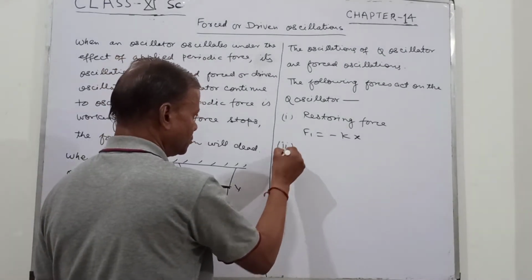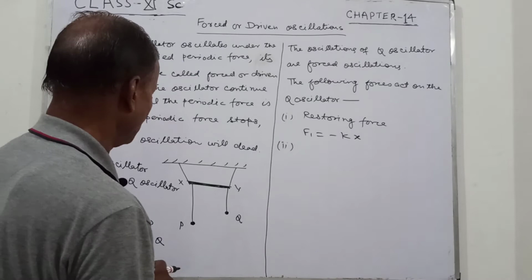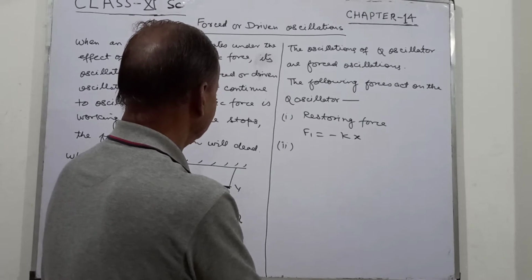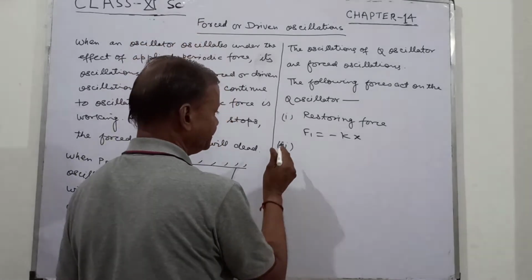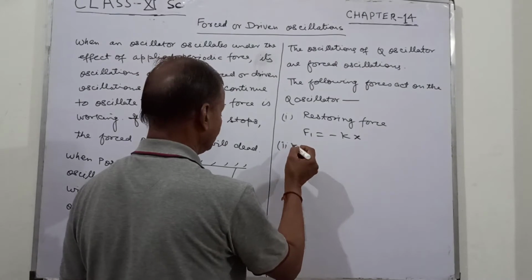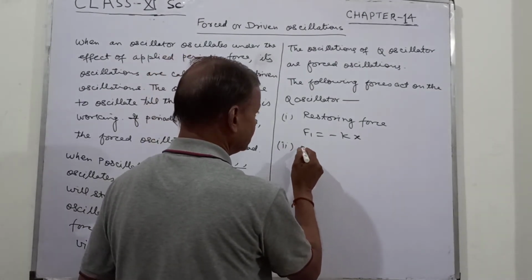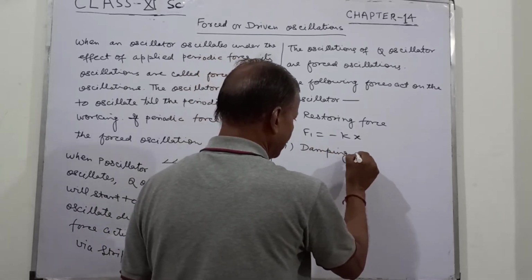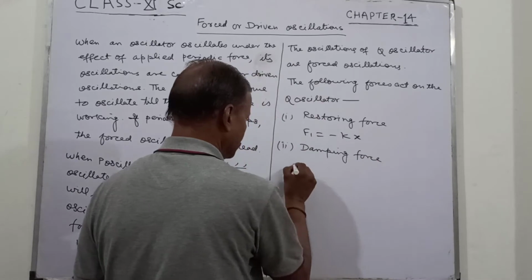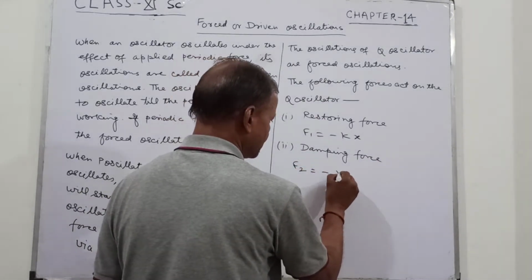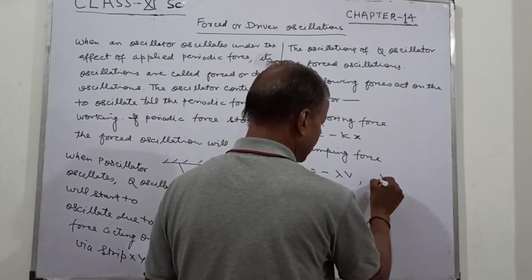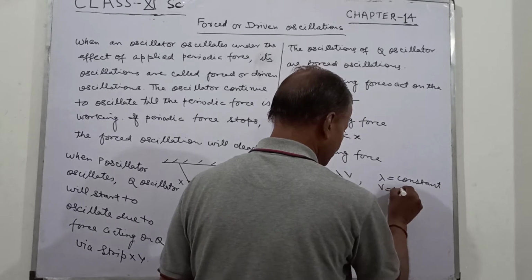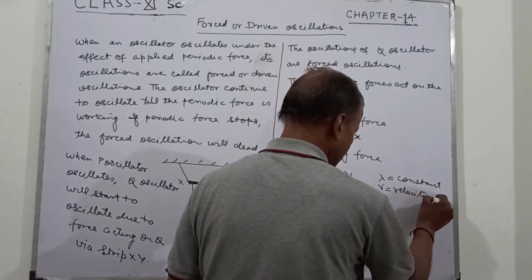Number two, damping force, F2 equal to minus lambda V, where lambda is a constant and V is the velocity of the oscillator.